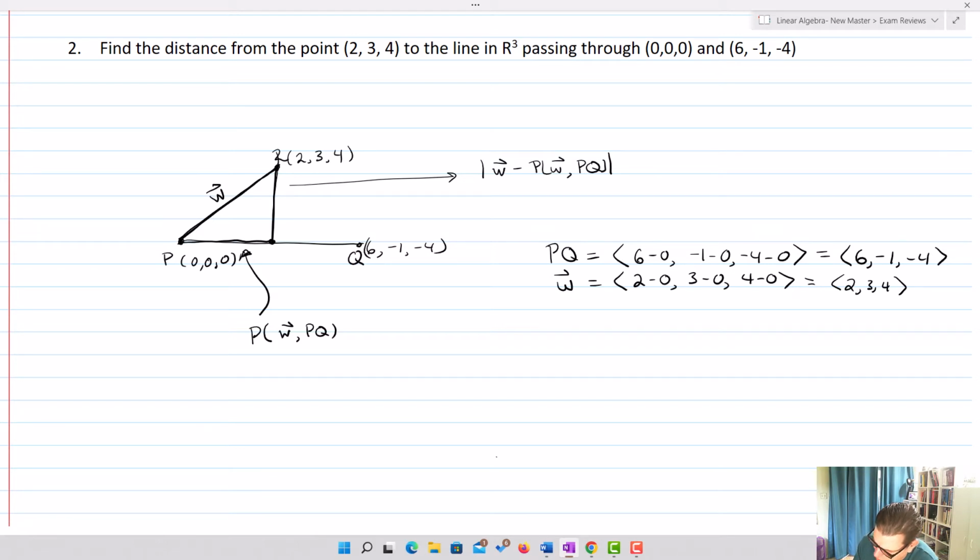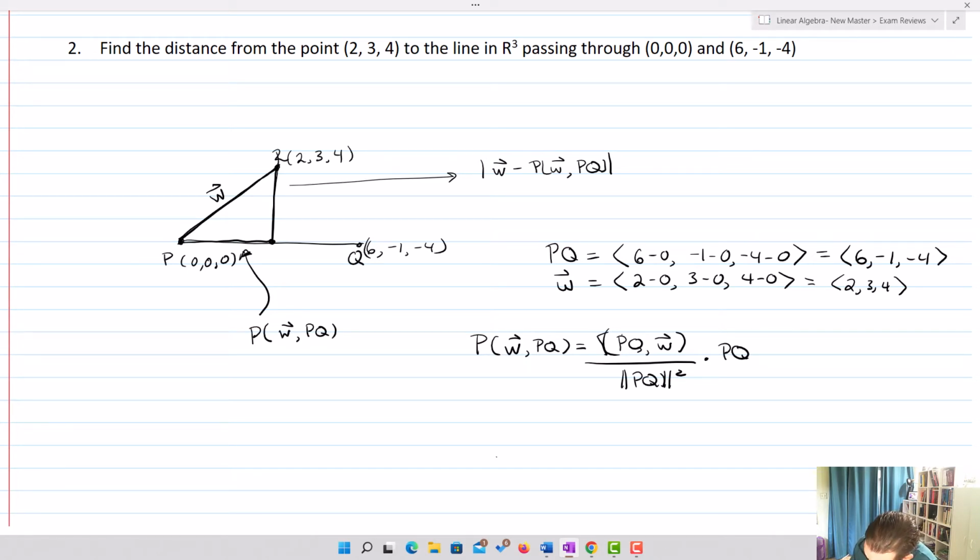So now we need to find the projection. All right, so the projection of W onto PQ is going to equal the dot product of PQ with W, okay, divided by the magnitude of PQ squared times PQ. Okay, so first we'll find that dot product.